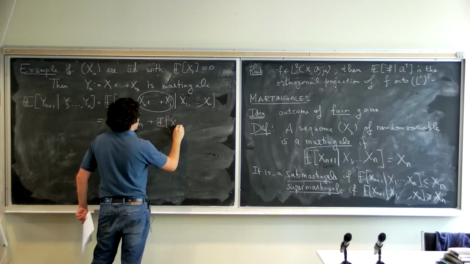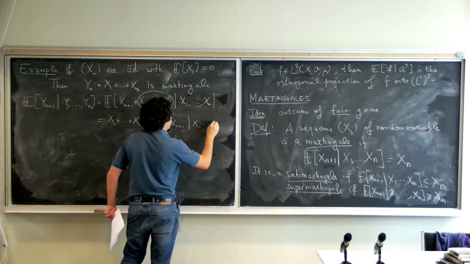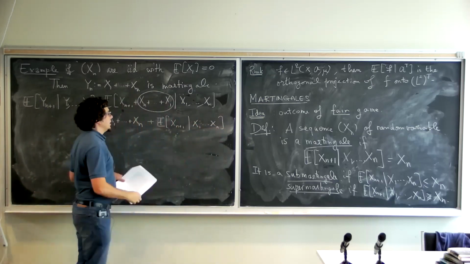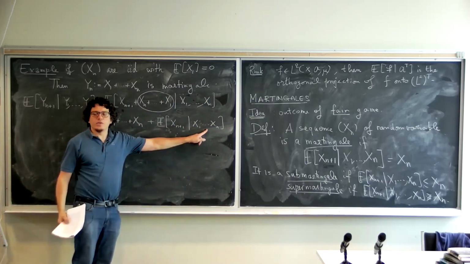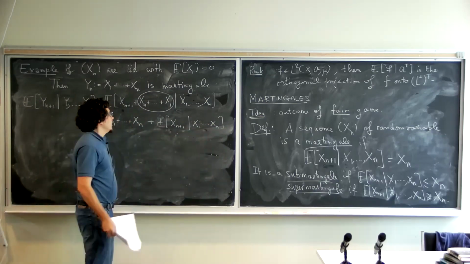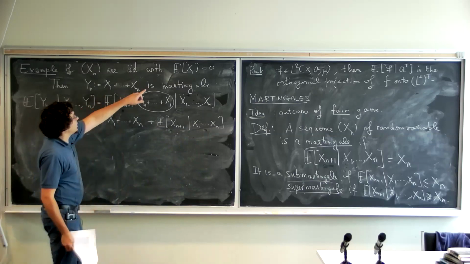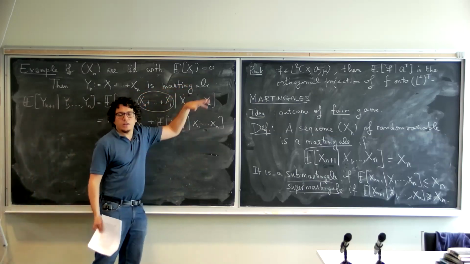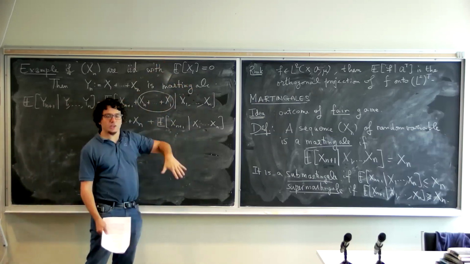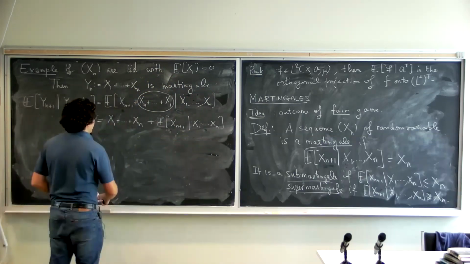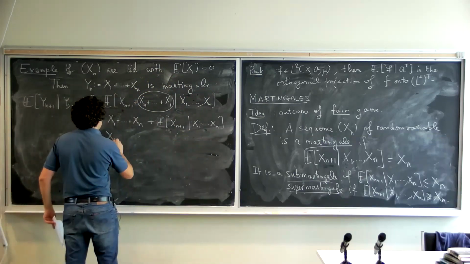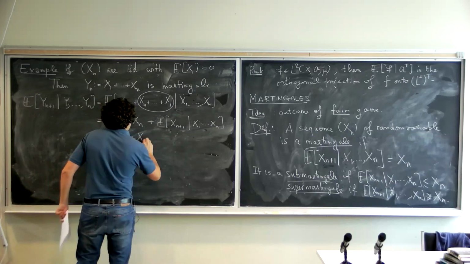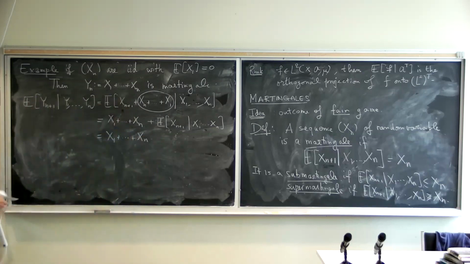And you have xn plus 1 given the previous ones, but it doesn't matter because this is independent of the previous ones. Of course, if the expectation was positive, then this would be a supermartingale. If the expectation is negative, this would be a submartingale. So this is x1 plus up to xn. That's why random walks and martingales are really close to each other.